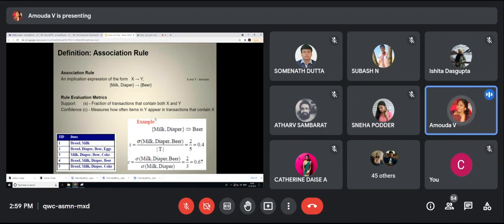Milk and diaper are already there in the transactions, but you are looking at whether beer is also associated, and how frequently. Suppose you assume beer is Y, then you look at how many times this Y occurs in the transactions which contain X. Students, do you understand what I'm speaking?